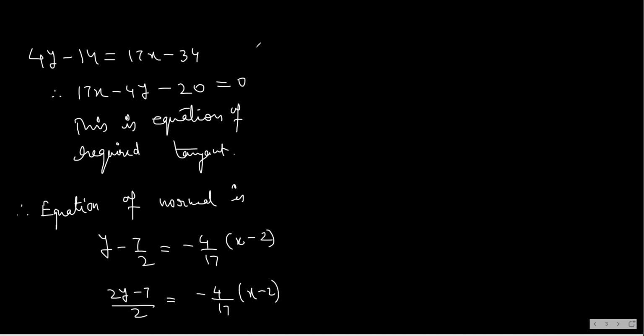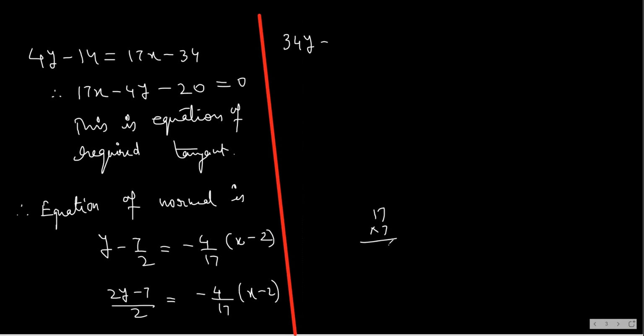We can go for cross multiplication because we have fractions on either side of the equal to sign. So we'll get 34y minus 17 into 7, 119.